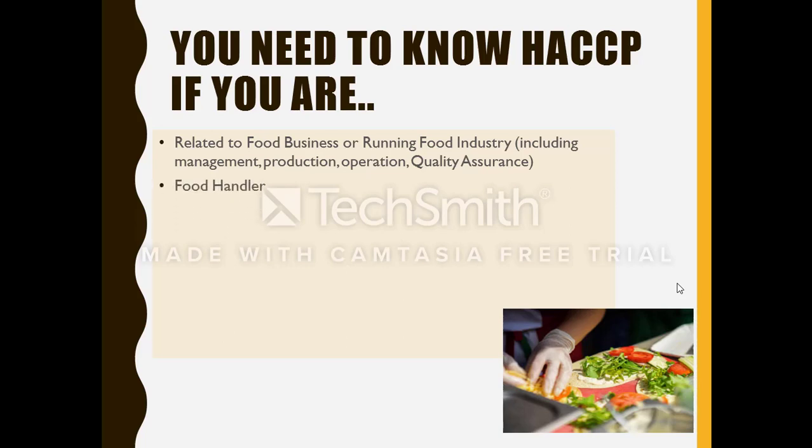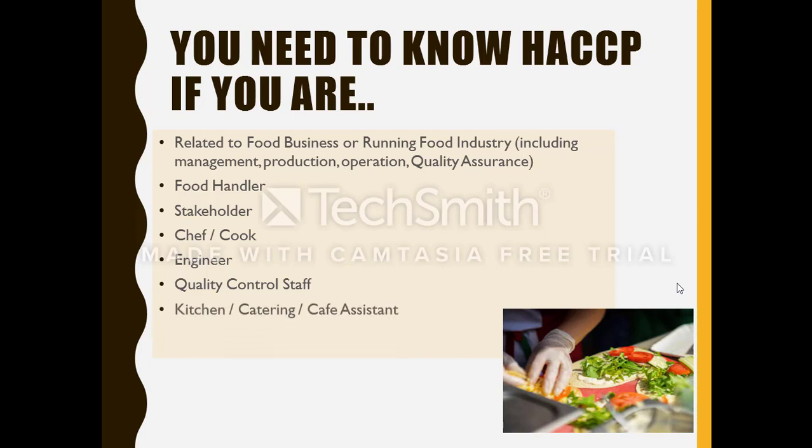And if you are a food handler, if you manage this industry, if you are a chef or cook, if you are an engineer related to this food plant and manufacturing industry, quality control staff, of course, if you deal with food in a kitchen, you are a caterer or a cafe assistant, and if you are a factory worker.